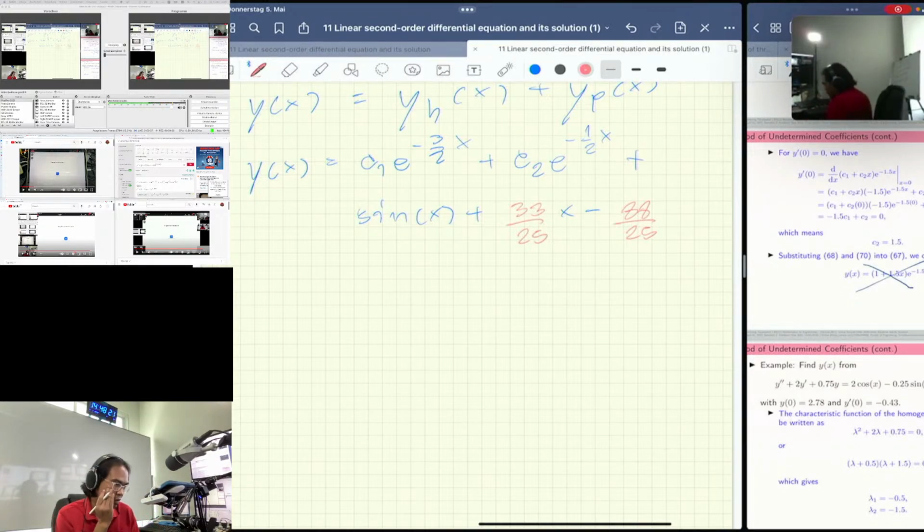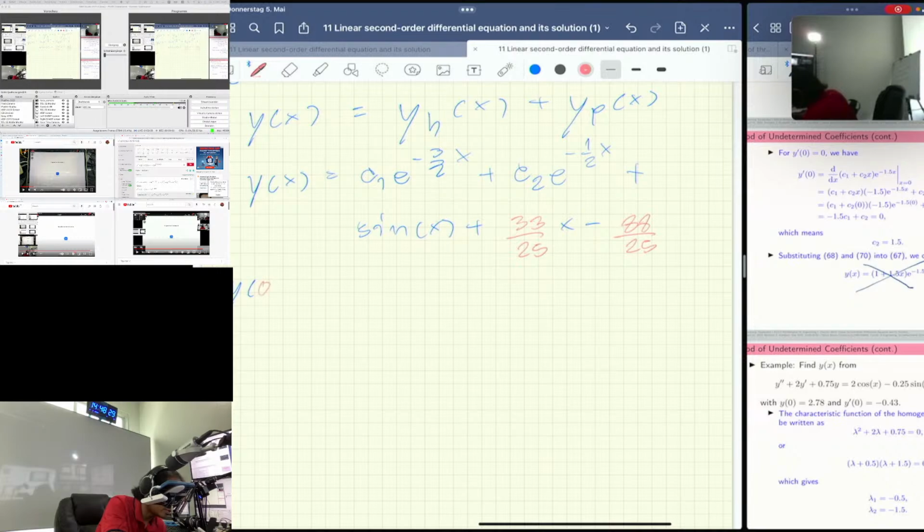All right, now y0 will be, okay, we substitute C1 exponential negative 3 by 2 x plus C2 exponential negative 1 by 2 x, and then plus, right, sine 0 plus 33 by 25, and here you have 0, negative 88 by 25.